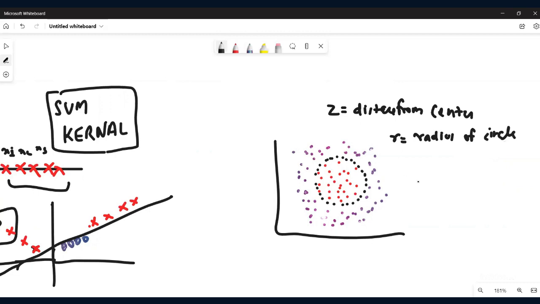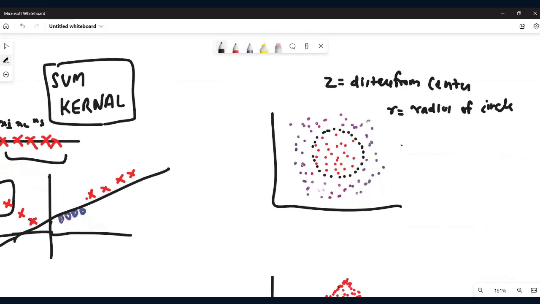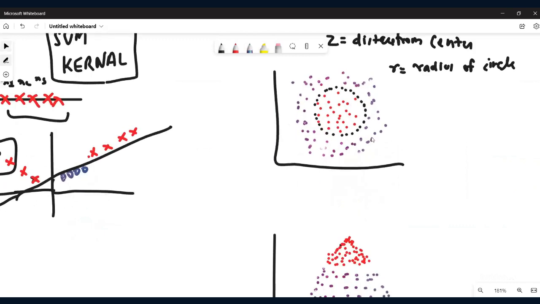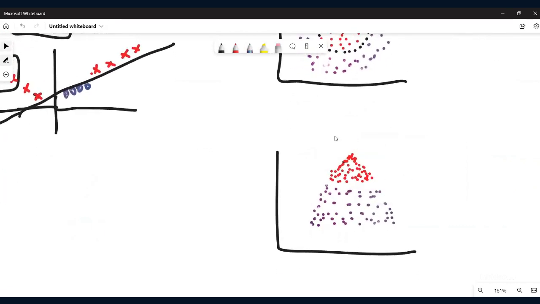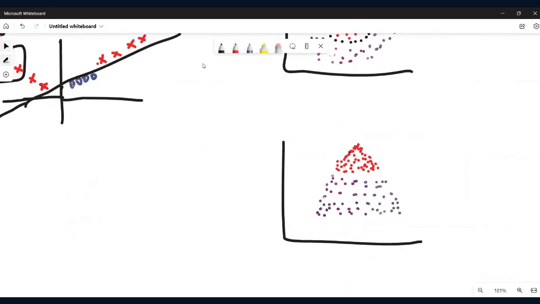So if we draw this data in 3 dimensions, then it looks like this.